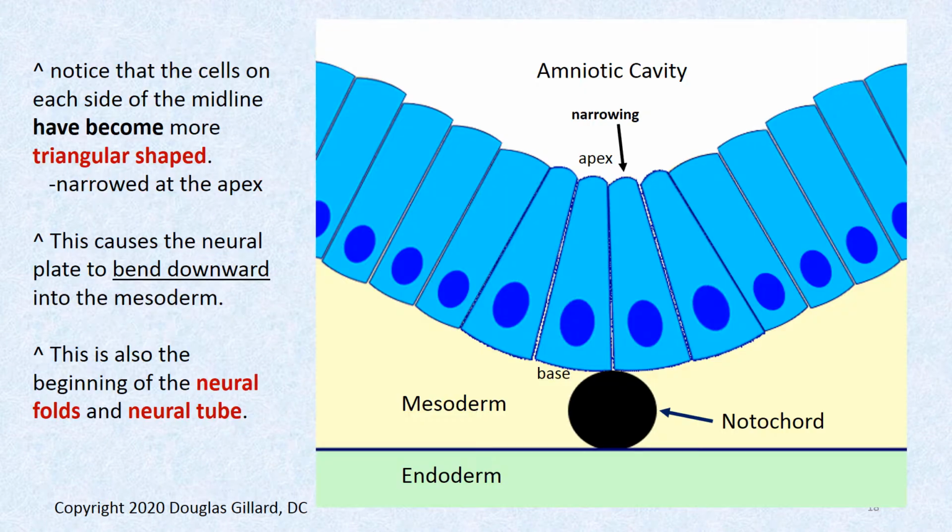So let's take a look at how this works. If I blow up that flat plate, and kind of like that silly picture I drew, you can see that the apices of these neuroectoderm cells have scrunched together. And the base here, down by the mesoderm, hasn't done anything. So if you scrunch these down into a triangular shape, it has to bend that flat plate down.